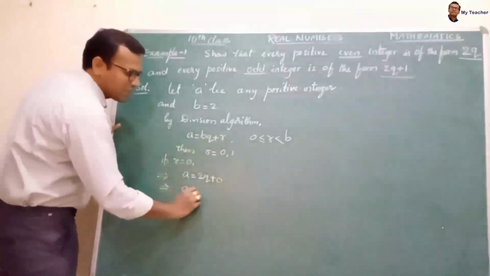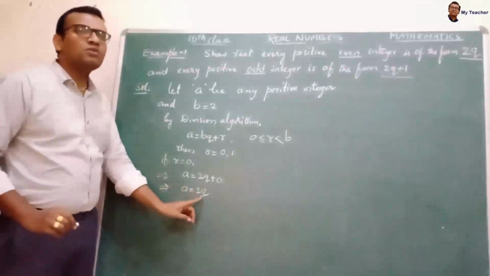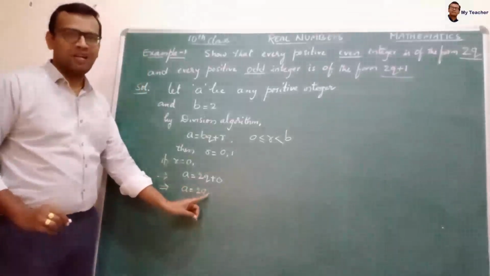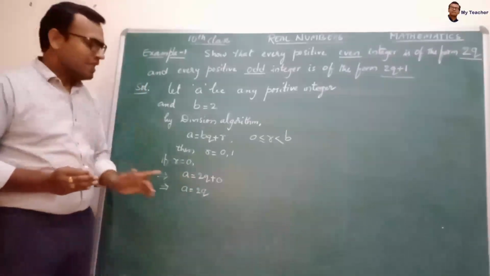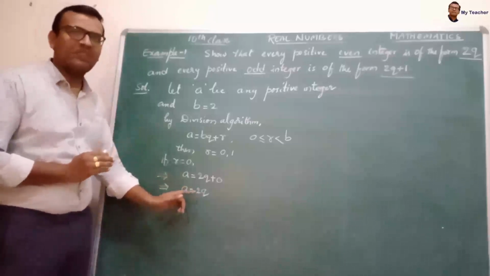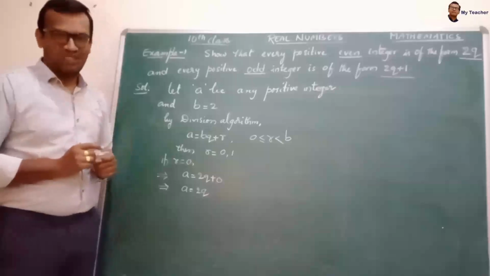So a becomes 2q. See, a value is 2q means it is a multiple of 2, or in other words, it is completely divisible by 2. Then this number will be an even integer.